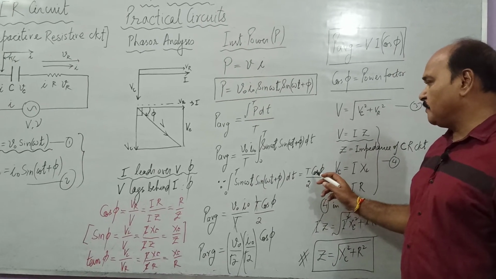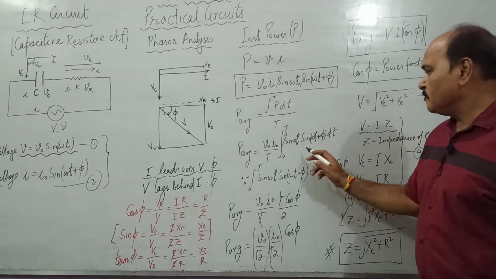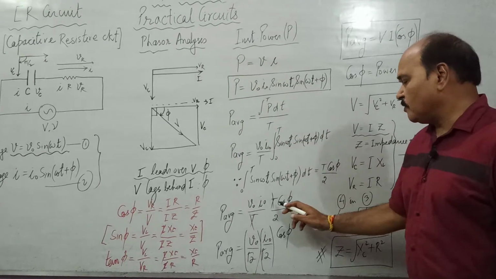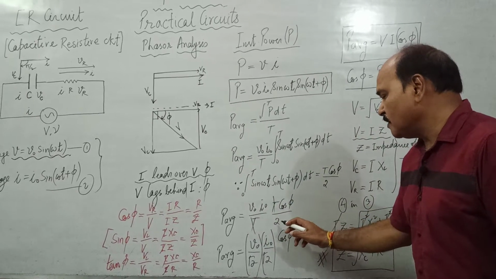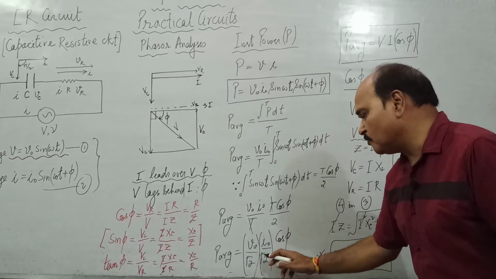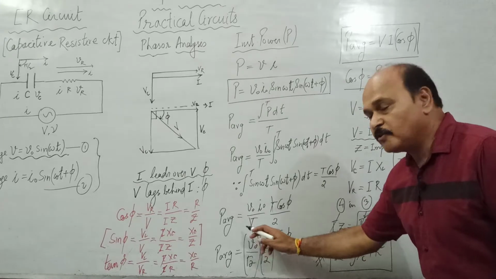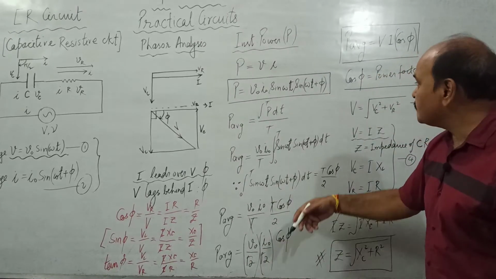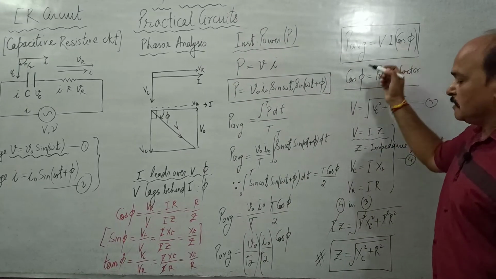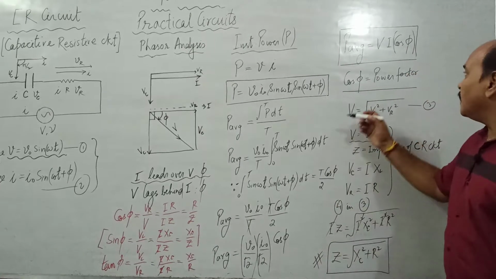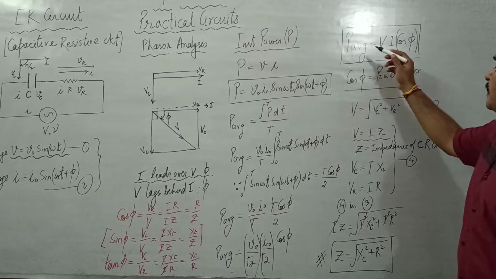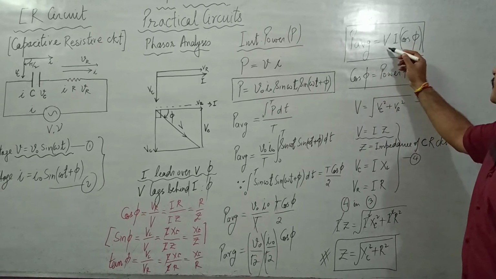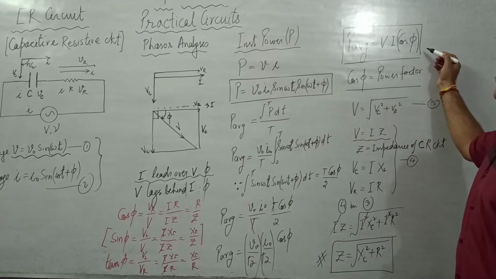If we substitute this, T cancels out, and we get V naught I naught cos phi by 2, and this 2 is written as root 2 into root 2. V naught upon root 2 is the RMS value of voltage, and I naught upon root 2 is the RMS value of current. So the average value of power is going to be V into I into cos phi.